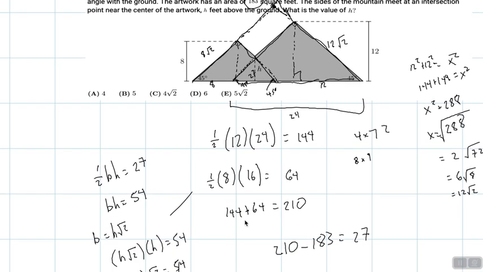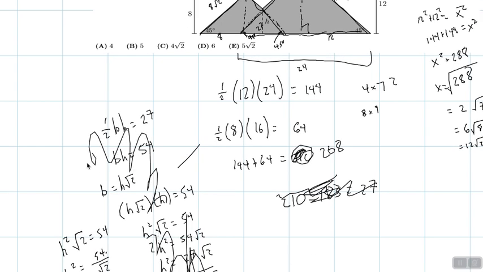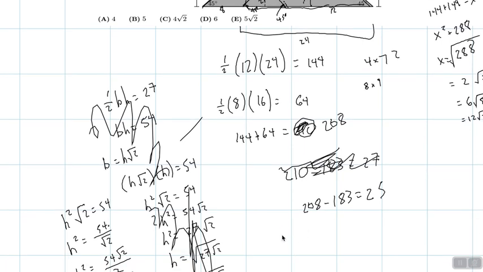Here we go. Here's the error. That does not equal 210. This should equal 208. So therefore, we want 208 minus 183, which is 25. So therefore, it has to be true that one half base times height is 25.